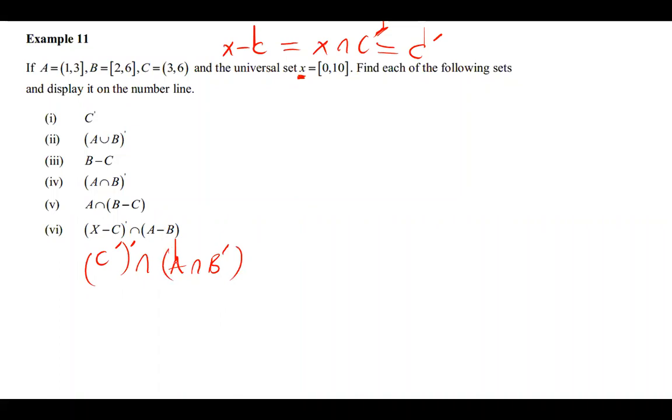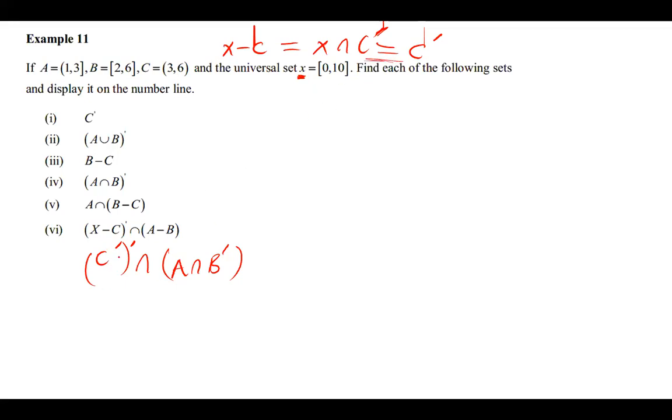X minus C gave us C complement according to what we found here.